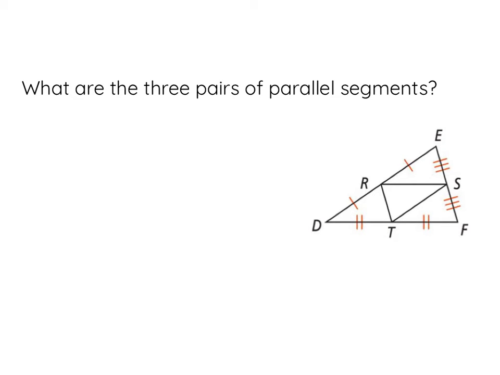Okay, so when we look at this, you might see a problem like this. What are 3 pairs of parallel segments? Or it could say, name a pair of parallel segments. So if we look at this one, we're going to take each side. DF is going to be parallel to RS.